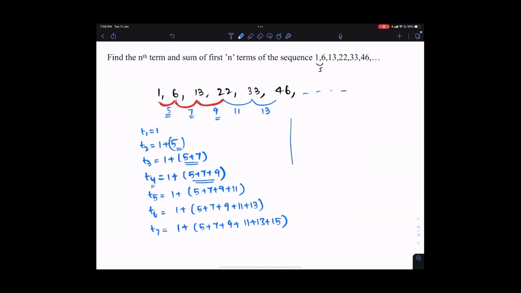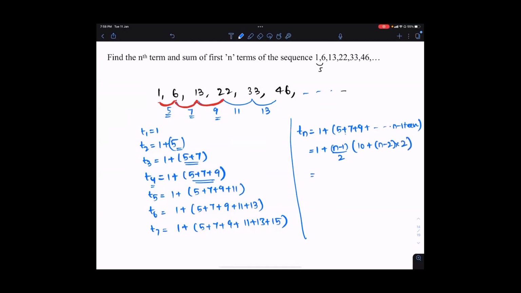Now tell me, what will be the nth term? It will be 1 plus 5 plus 7 plus 9. How many differences do you have to add? N minus 1 differences. So this is an AP with N minus 1 terms, and the answer will be N minus 1 by 2, into 2A plus number of terms minus 1, which is N minus 2, into the common difference, 2.